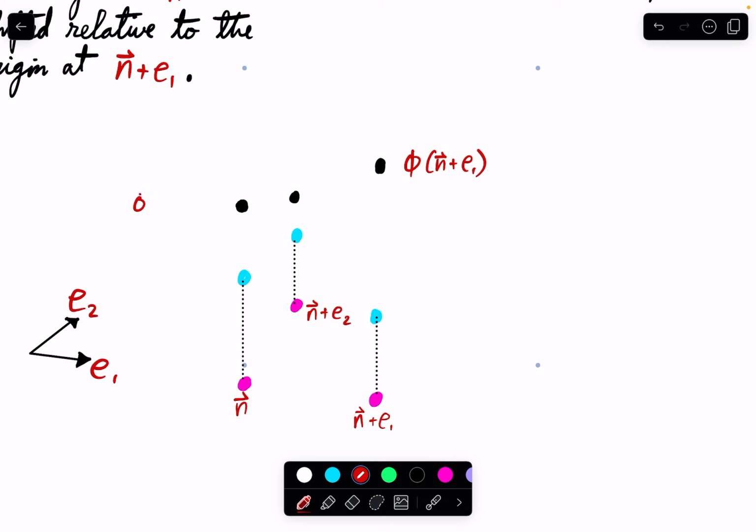This will be the field value at n. This will be the field value at n plus e2 right here.